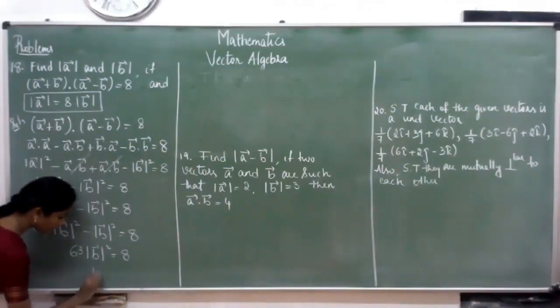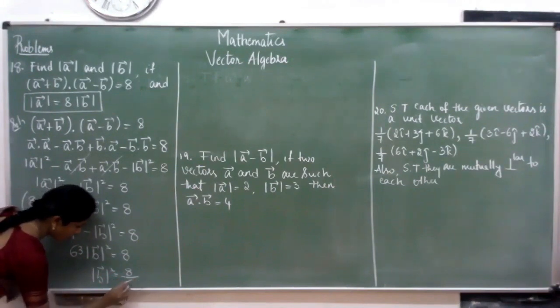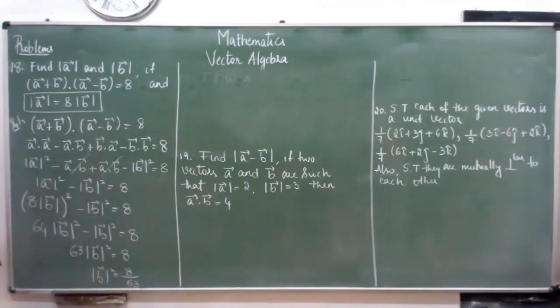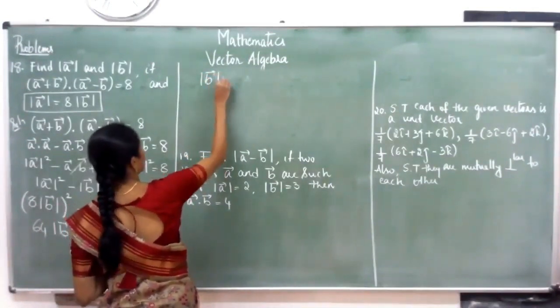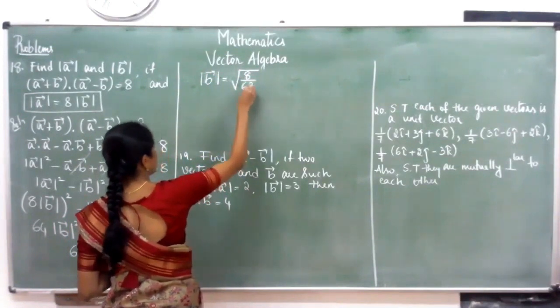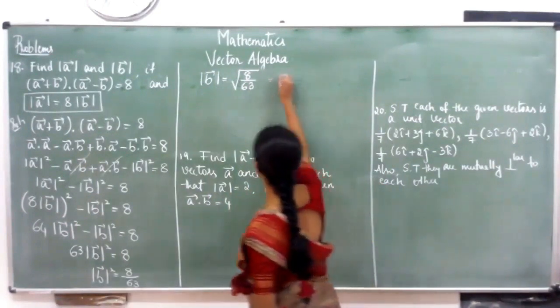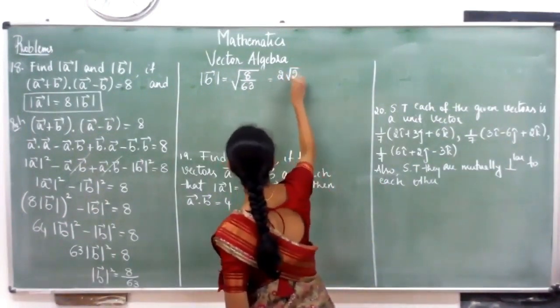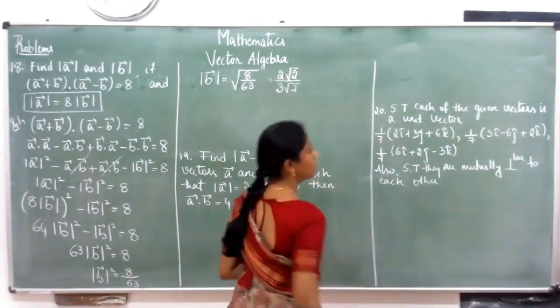So what will be the magnitude of vector B the whole square, which is 8 divided by 63. So simplifying, hence magnitude of vector B will be equal to root of 8 divided by 63, where root 8 can be written as 2 root 2 and root 63 can be written as 3 root 7.